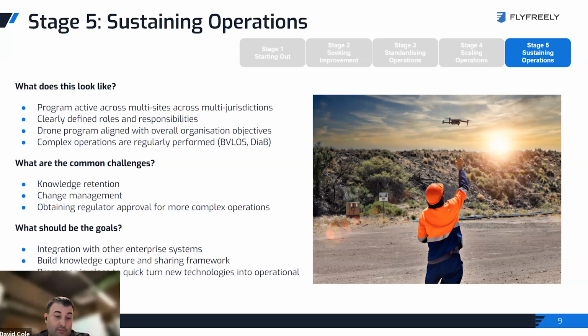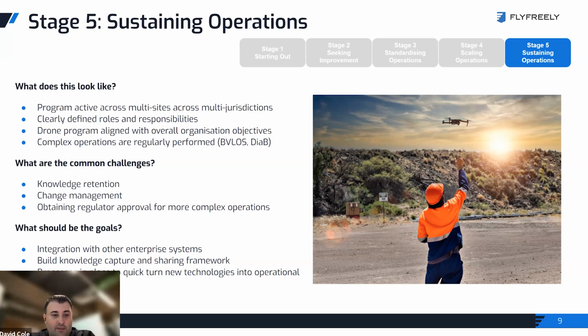And then that process is in place to essentially adapt, so any new technology that comes along can be deployed really quickly. Again, a new model of drone comes along. How do you roll that out efficiently? A new payload comes along. How do you get that into everyone's hands, trained up, and operating as quickly as possible?